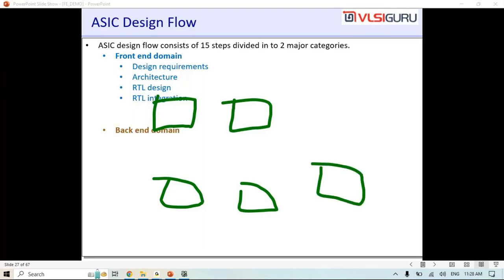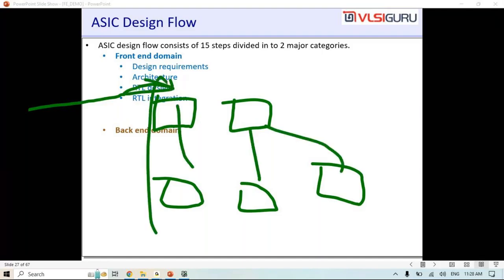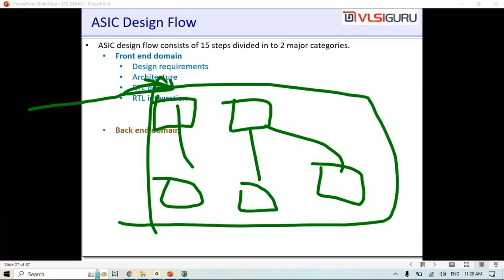The people who develop these blocks are called designers. Then you have to put everything together. That is called what? Integration. Simple term, right? Integrating the smaller designs. That is called RTL integration, right?